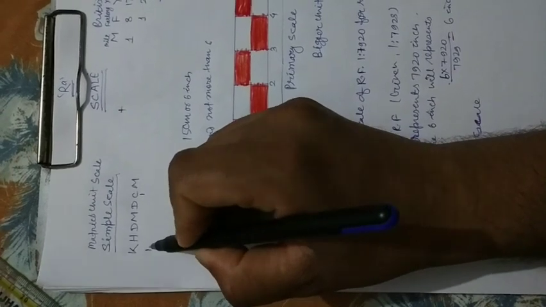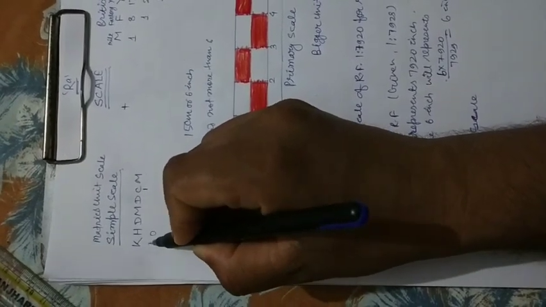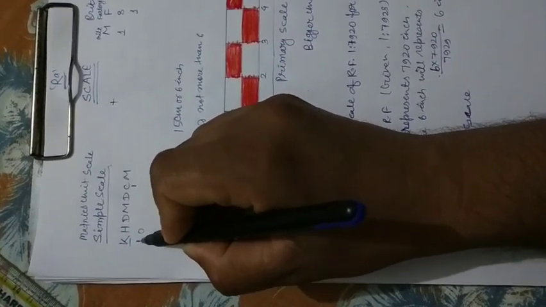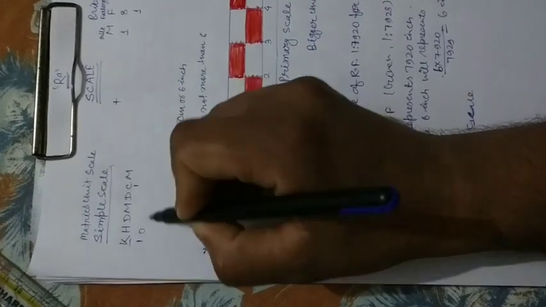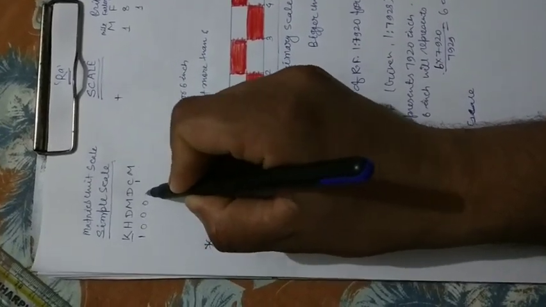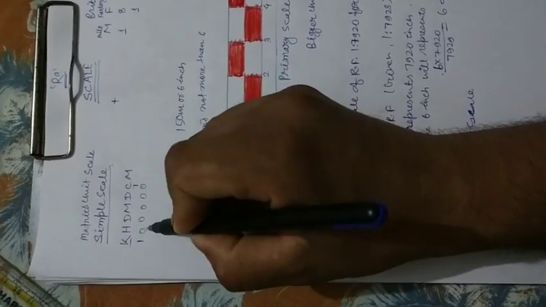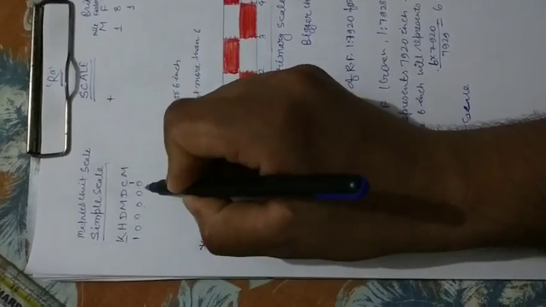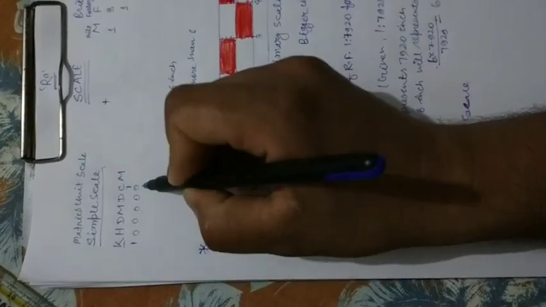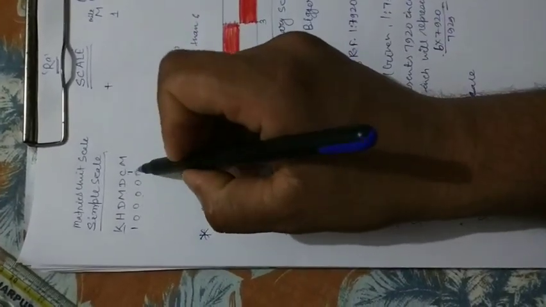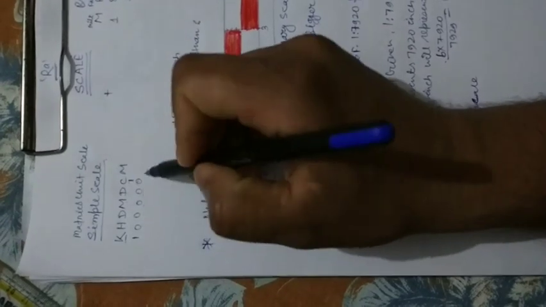Write 1 below k if you find kilometer in centimeter, and after that 1 2 3 4 5 digits, so 5 zeros here. That means 1 kilometer is equal to 1 lakh centimeter.